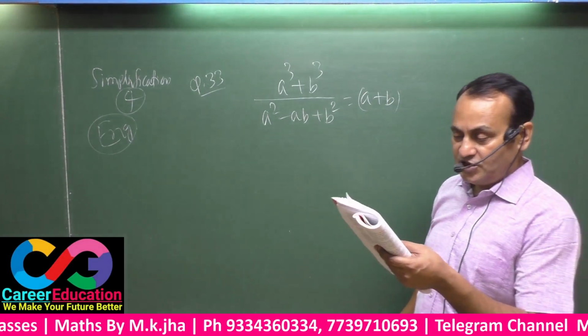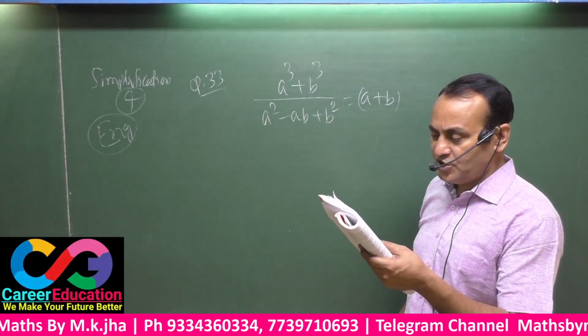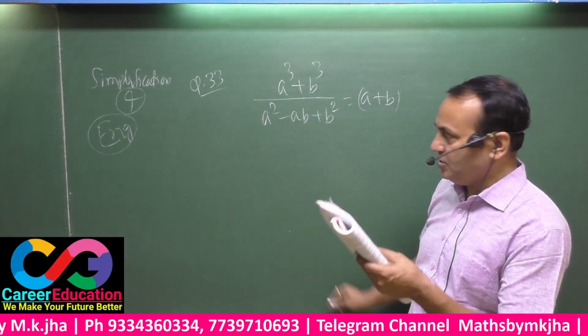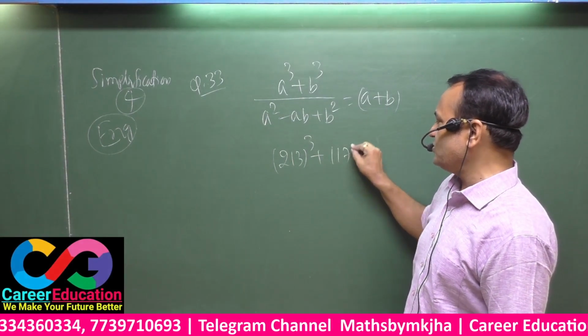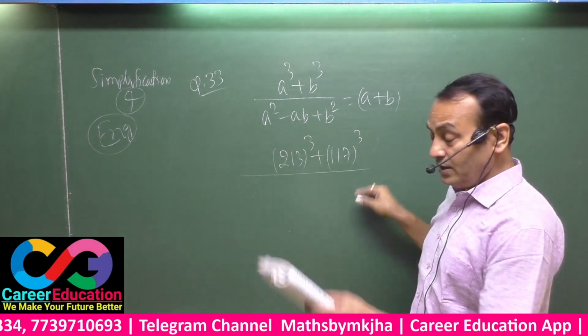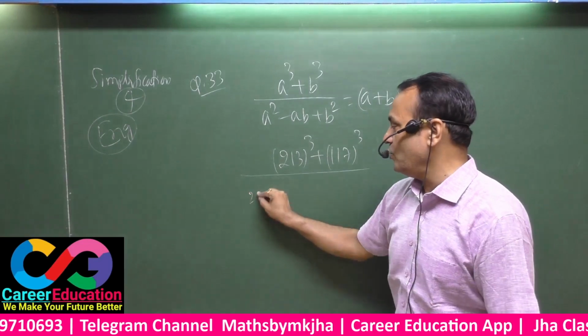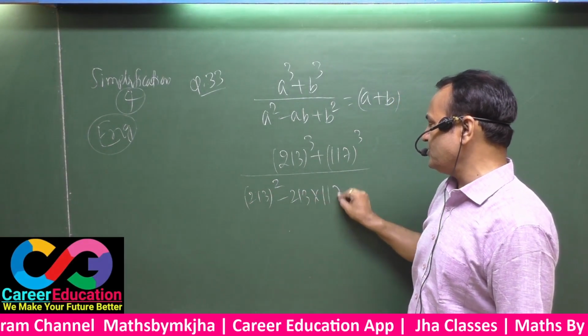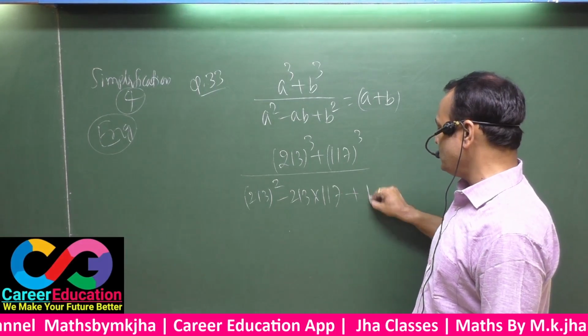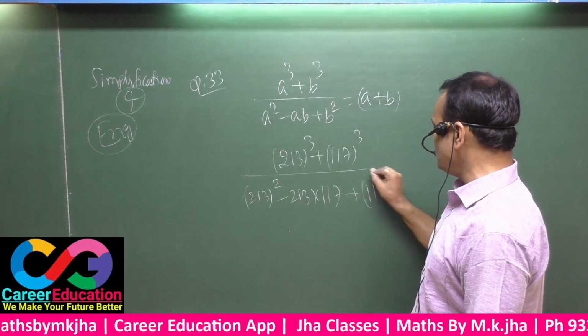See question number 33. This is totally based upon this formula only, and the question is (213 whole cube plus 117 whole cube) by (213 whole square minus 213 into 117 plus 117 whole square). This is your question.